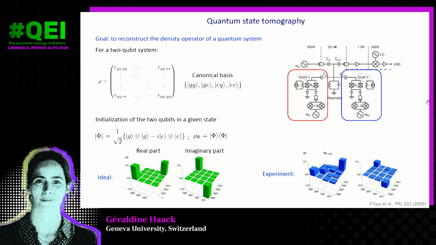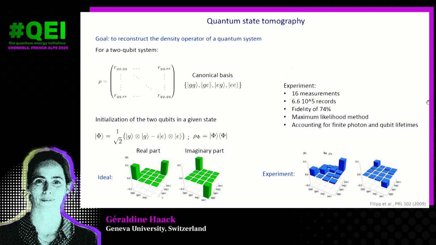You see that we recognize that there are some highest populations for these elements. For the imaginary part, the two main tomograms are also the same, but still it's quite different. It's not a perfect map.